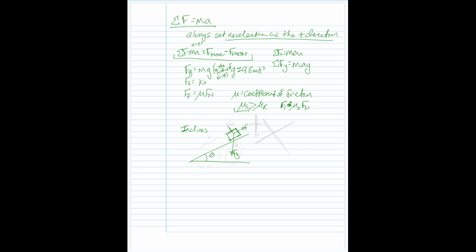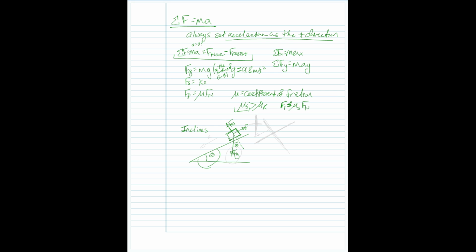My normal force is perpendicular to the ramp. This angle theta will show up right here. That is how the angle to which I have elevated this is equal to the angle by which I have shifted gravity from being straight directly against the normal force.